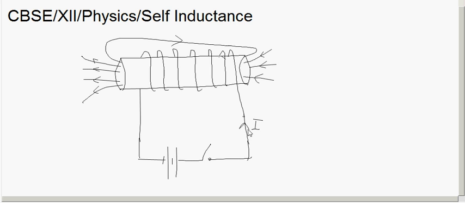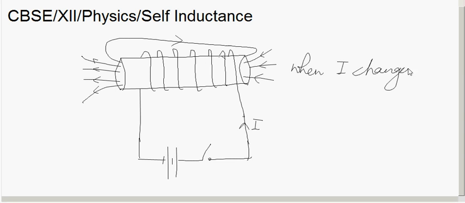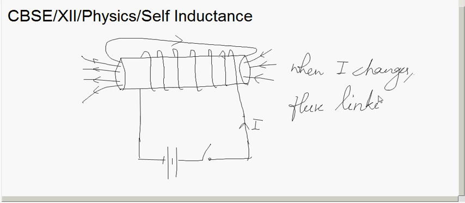When there is a change in current I, the flux linking the coil also changes, and an EMF is induced according to Faraday's law.